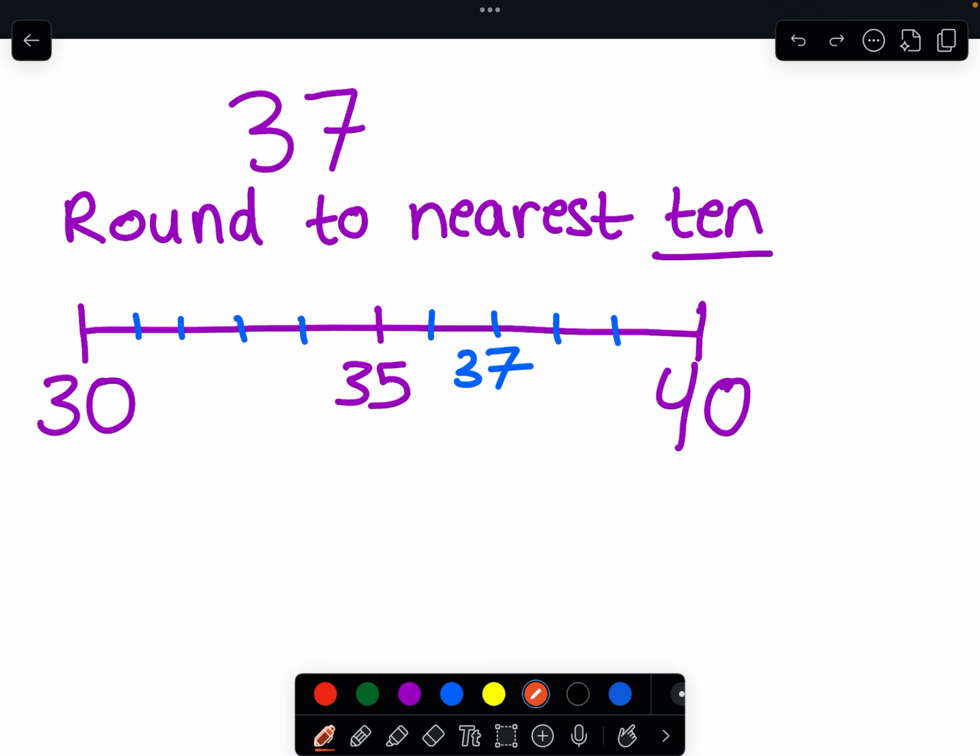So if we round 37 to the nearest 10, we are rounding it to 40. And you can think of, if it helps, to say which 10 is 37 closest to, that's the number you're rounding. Or you could say move 37 to the nearest 10.